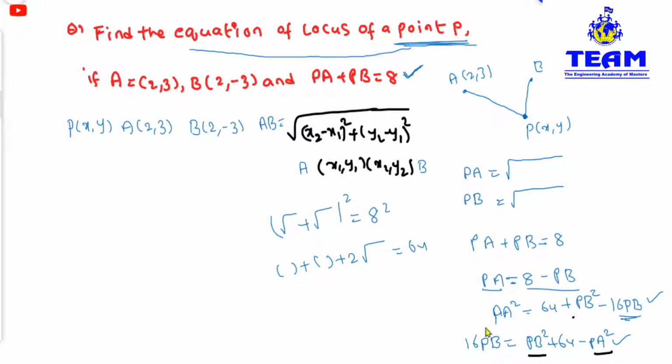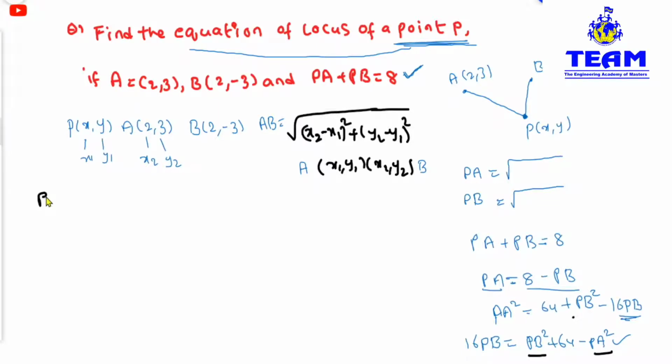Now I am directly substituting in this formula. First I will do PA and PB. Here, this is the point x1, y1 and the other point is x2, y2. Actually, I need to find PA square and PB square.